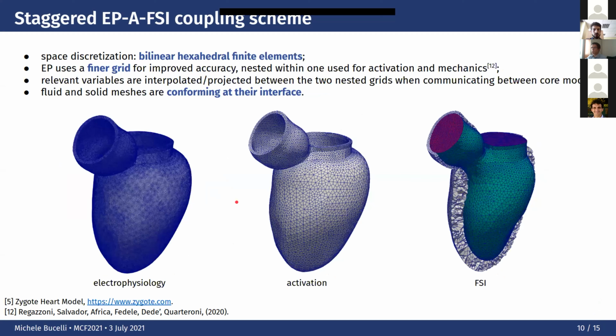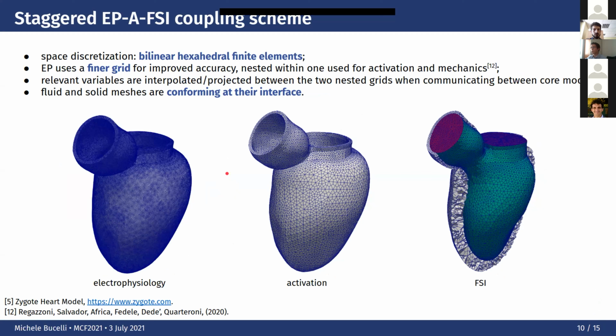Concerning space discretization, we rely on the finite element method on hexahedral grids, and we use bilinear elements for all equations involved. Again, electrophysiology has higher accuracy requirements. The spatial scales that characterize electrophysiology are smaller than the ones of, say, solid mechanics.